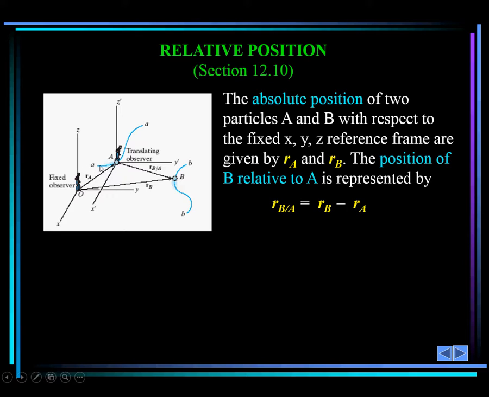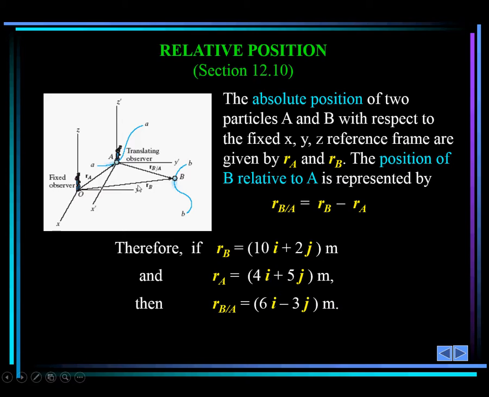So r_B minus r_A is the relative position between B and A. So if you have r_B as 10i plus 2j, which would be a vector, and r_A as 4i minus 5j.